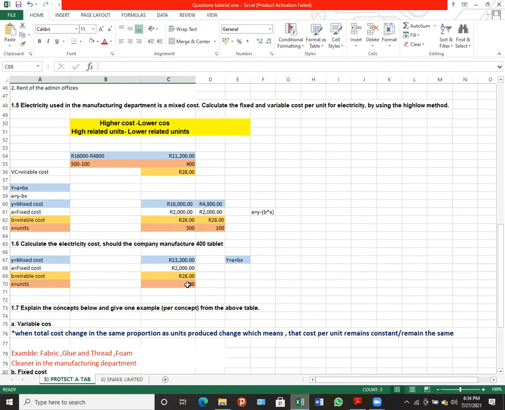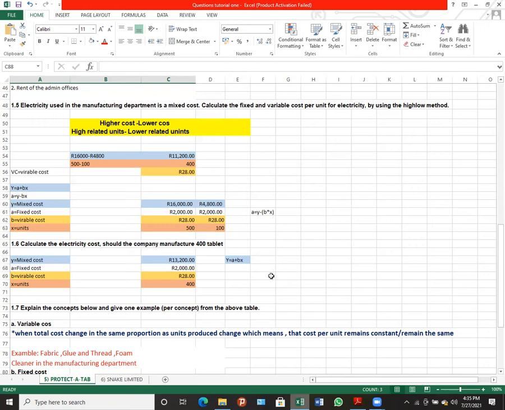How much do you get if you punch it on your calculator? 2,000 plus 28 times 400. 13,200.